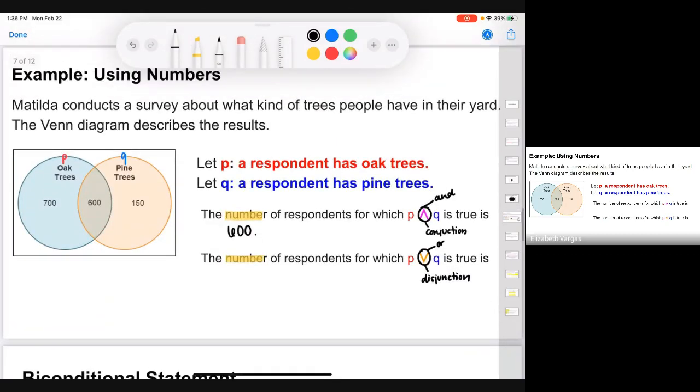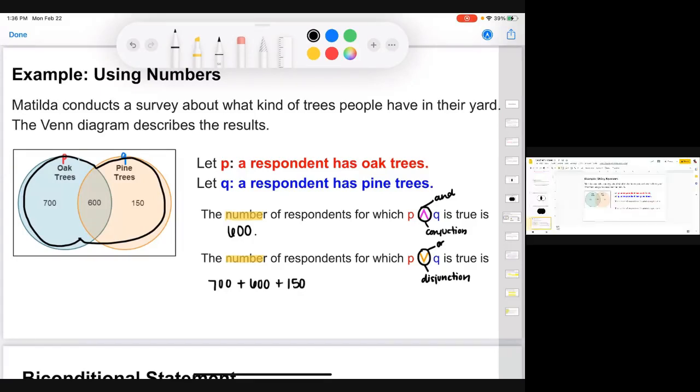So we want to look at what numbers fall entirely in the Venn diagram, and that means we put these numbers together. And that gives us 1,450.